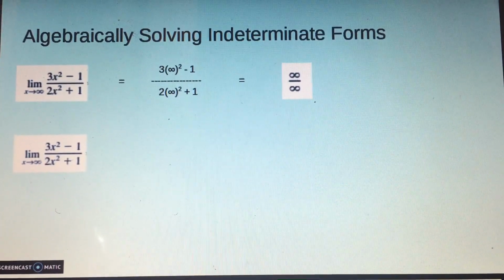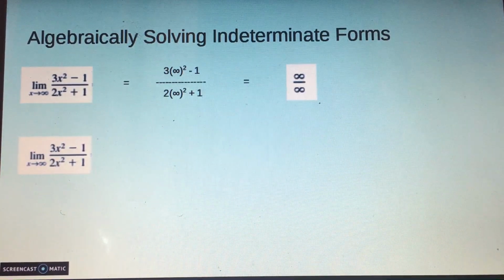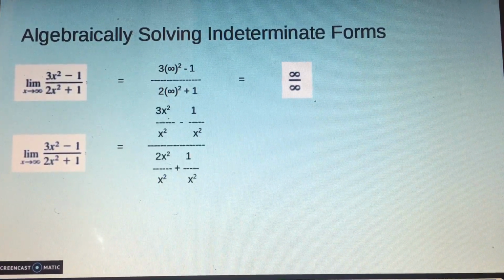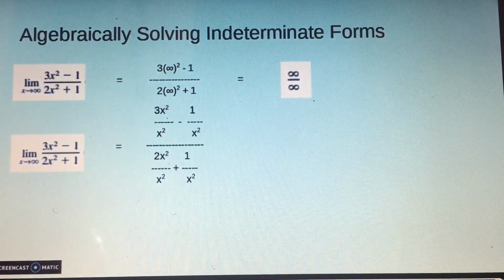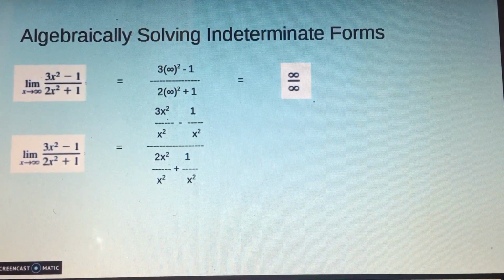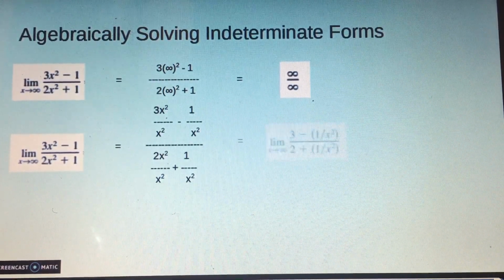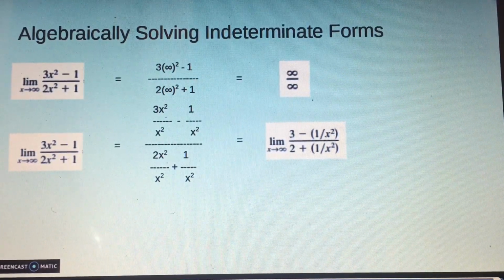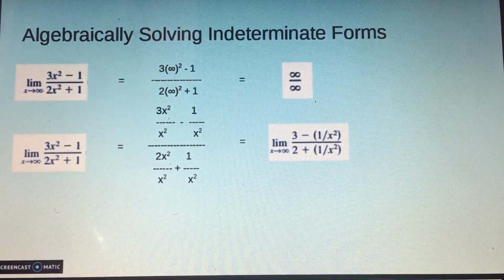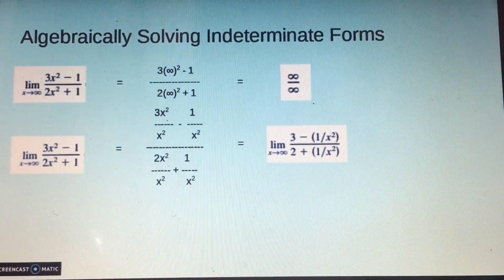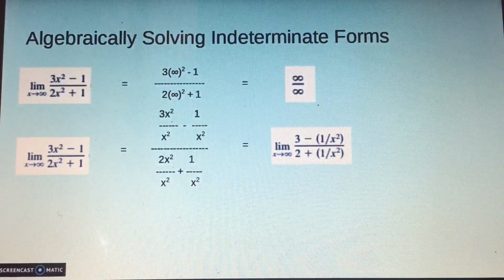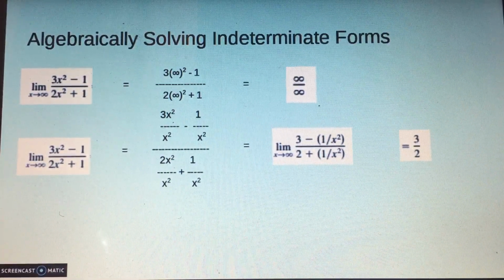We can solve this indeterminate form algebraically by dividing every component of the original limit by x squared. This will give us 3x squared over x squared minus 1 over x squared, all over 2x squared over x squared plus 1 over x squared. When we simplify this limit, we are given the limit as x approaches infinity of 3 minus the quantity of 1 over x squared, all over 2 plus the quantity of 1 over x squared. And if we evaluate this limit, we are left with 3 halves.